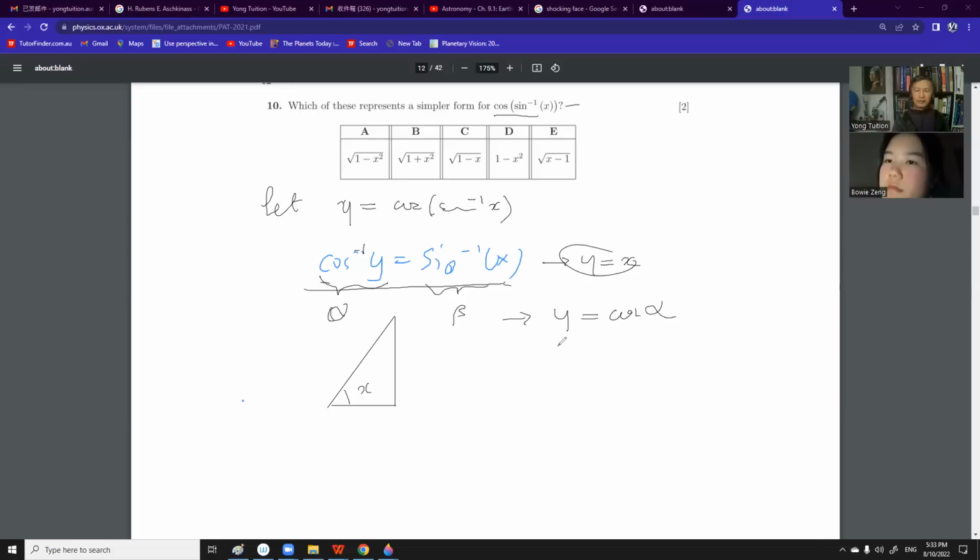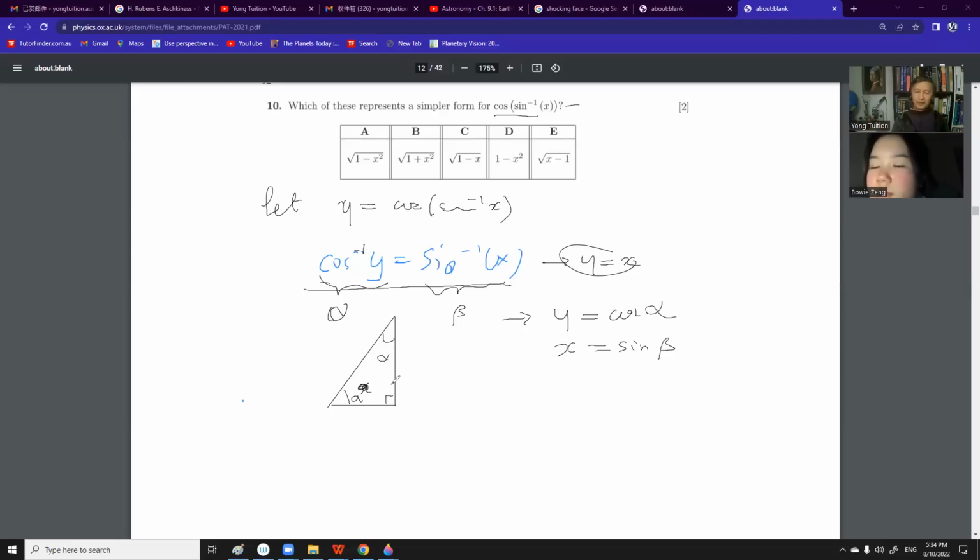And can you follow me? X is equal to sine beta. So alpha and beta, can we just call this our alpha? This is our beta. Presumably, we're just trying to figure out that question.